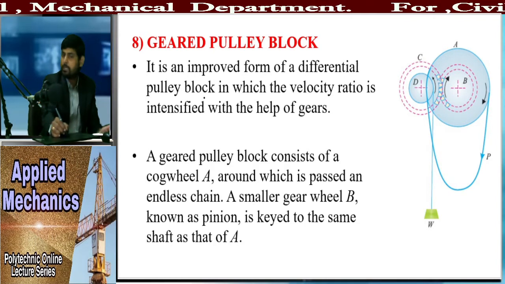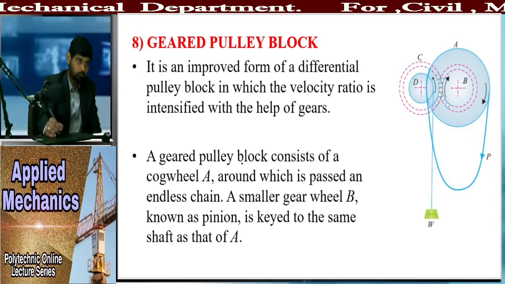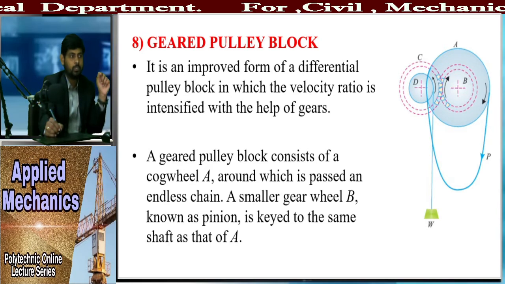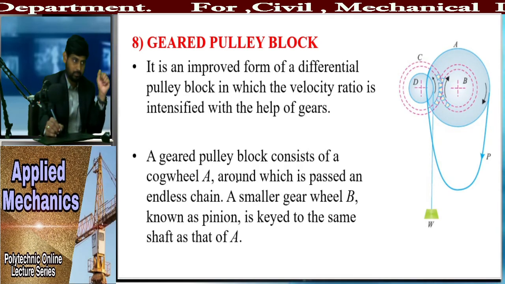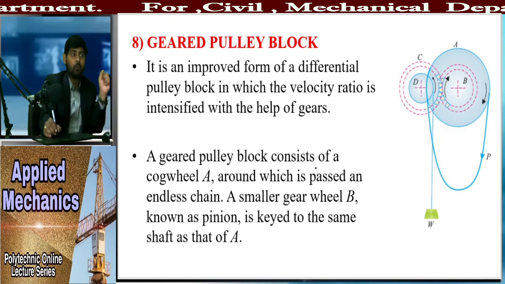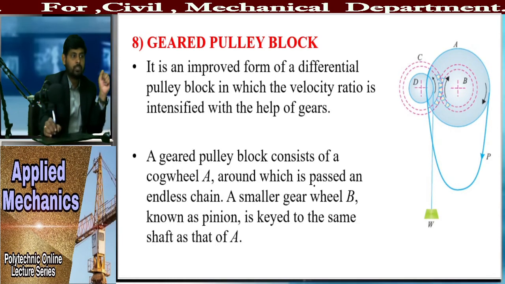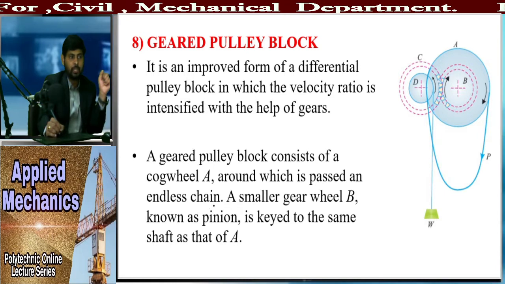So here a number of gears are used. In the earlier one we were using pulleys only, but here instead of pulleys we are using a number of gears. A gear pulley block consists of a cogwheel A, around which is passed an endless chain.